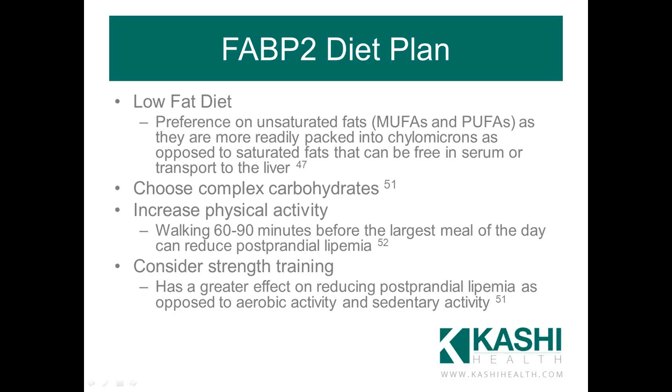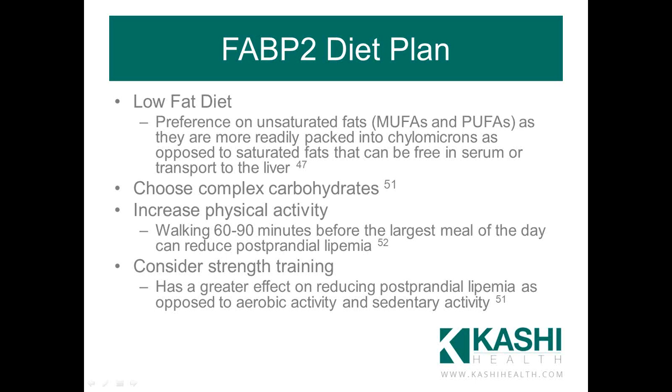Choose complex carbohydrates to support better insulin regulation, and increase physical activity, particularly before largest meals of the day, to reduce post-meal blood lipid levels, and with a recommendation to consider strength training. Strength training or anaerobic training has a greater effect on reducing the post-meal blood lipid levels as opposed to aerobic training and sedentary activity.